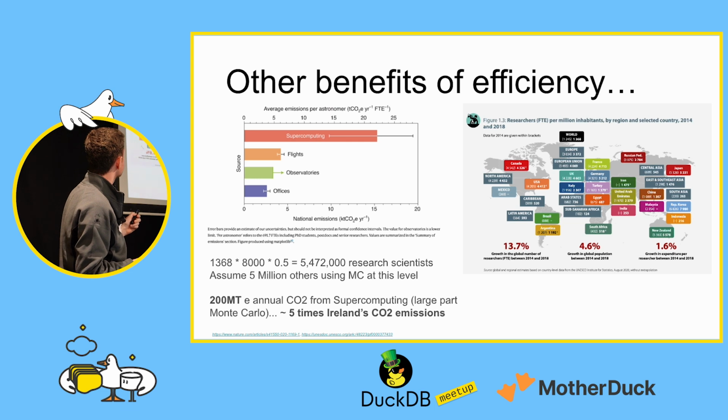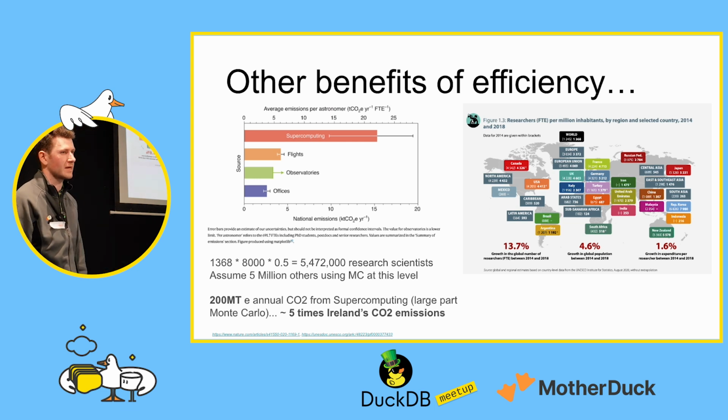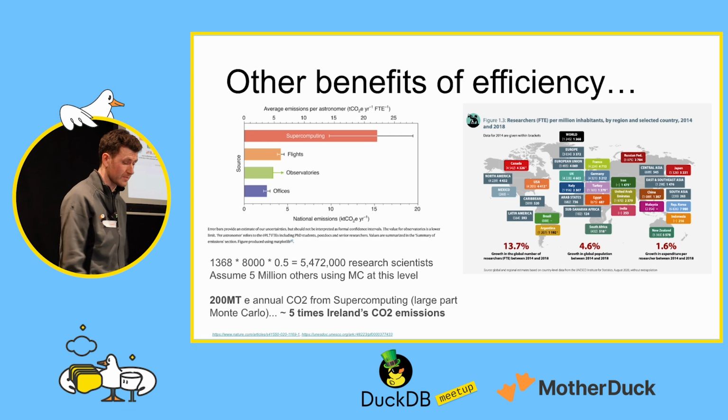So this is from UNICEF in 2018. And so this is the number of research scientists per million people. So if we multiply that out, say about half of them are using Monte Carlo, or using supercomputing, use this number up here for the emissions, which is the 20. So we get, roughly speaking, when we add some other people who aren't research scientists, about 200 million tons annually of CO2 from supercomputing. Trying to keep it in perspective, it's about 5 times what Ireland does. And so there are other things other than technology that building efficiency in this sort of field is really helpful for, in my opinion, at least.